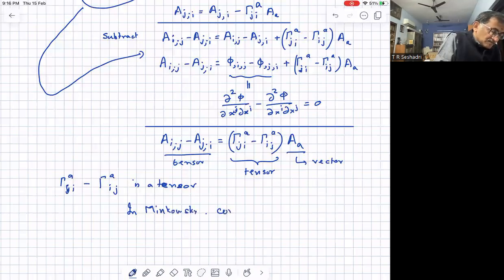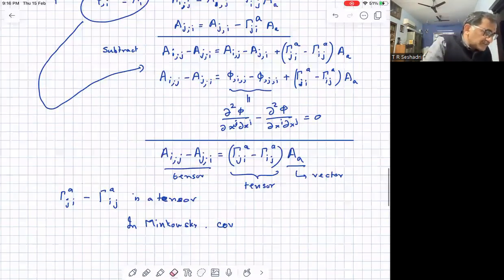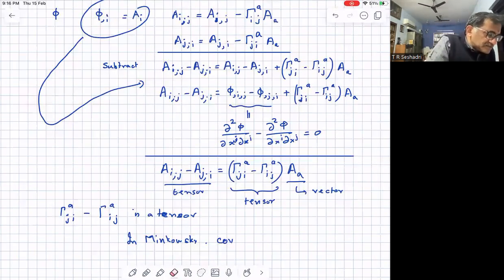Based on the last result that you proved, I guess it can be proven for any contravariant vector, right? Not specific to the gradient of a scalar. No, I will tell you why I wanted it. Because I wanted this interchange of these two indices. Otherwise, suppose it was a general vector.